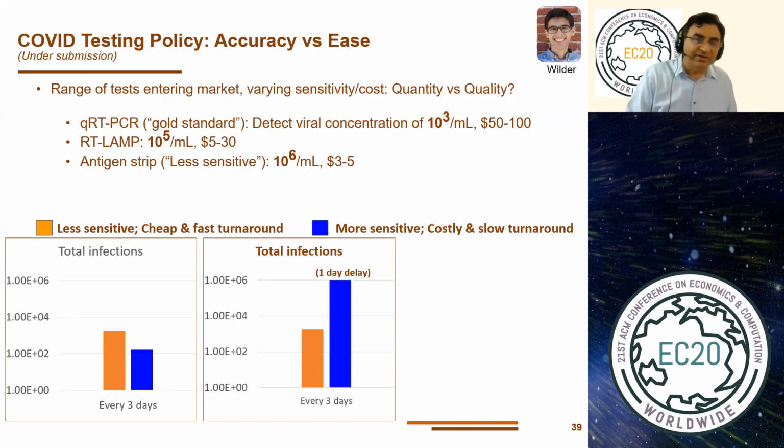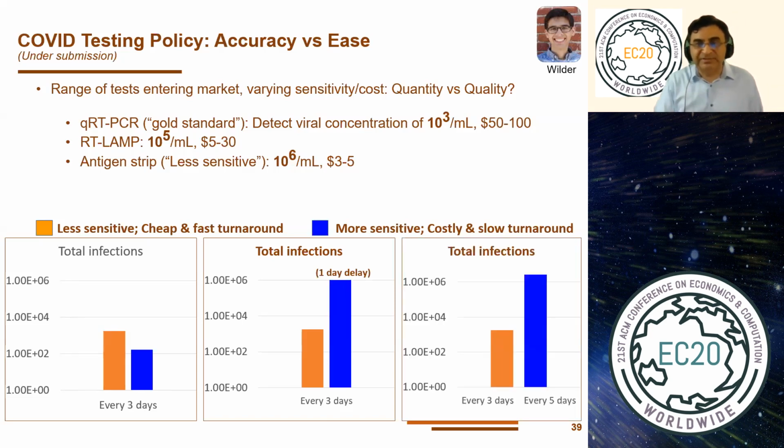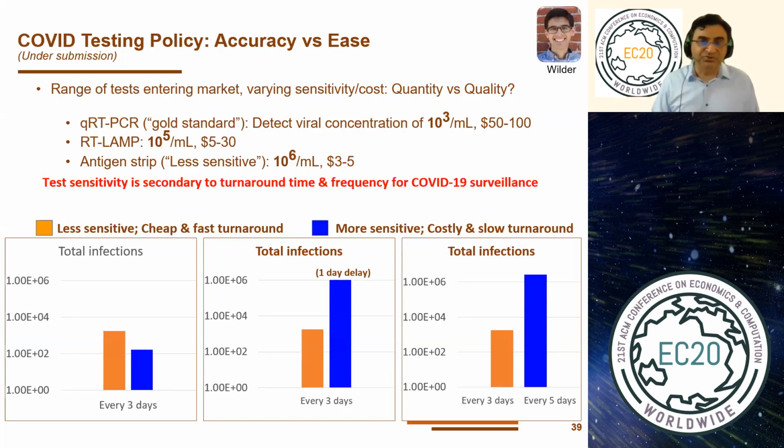Just that 24-hour delay causes the more sensitive test to be less effective. So here, if a person is seen to be positive, we quarantine them. That 1 day delay causes the number of infections to rise. Furthermore, if the more expensive test can only be run less frequently, like every 5 days, again, the number of infections rise, leading us to the conclusion that test sensitivity is secondary to turnaround time and frequency for COVID-19 surveillance.